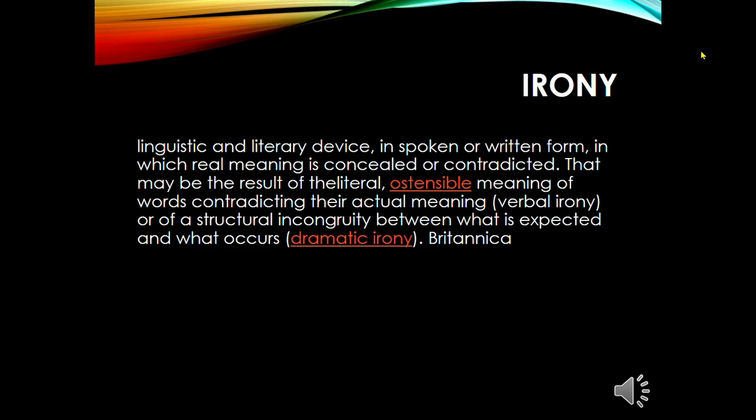So words are utilized in such a manner that they depict the opposite of the intended meaning to the apparent appearance of the words.